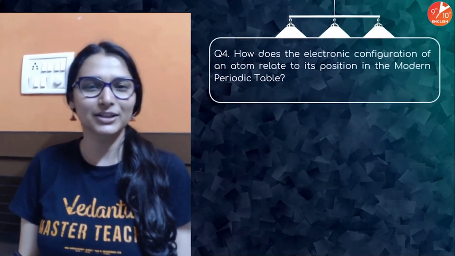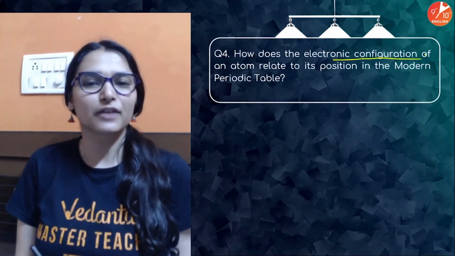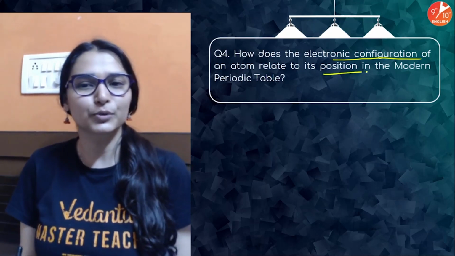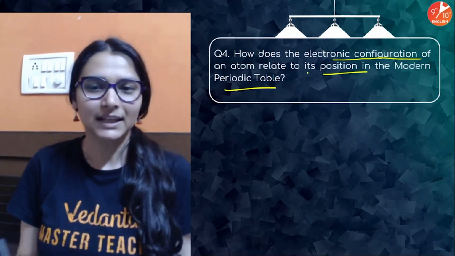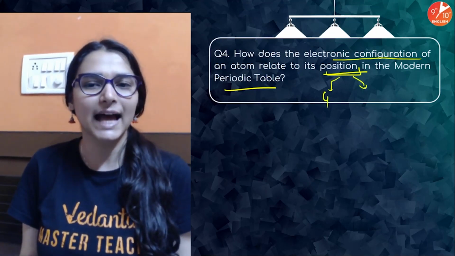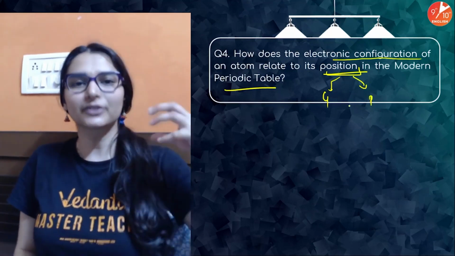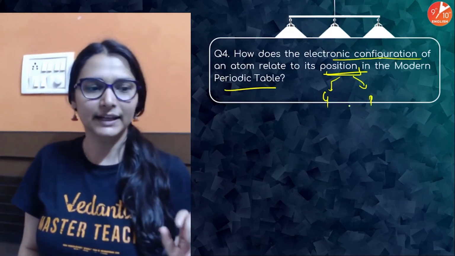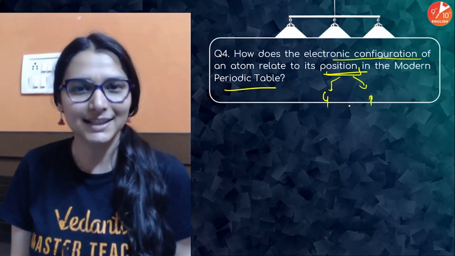And now we are going to the 4th question. How does the electronic configuration of an atom relate to its position in the modern periodic table? It is easy. What does position mean? Position here means groups and periods. That is the position. If you can locate the group number and period number of an element, that means you have located it in the modern periodic table, isn't it?